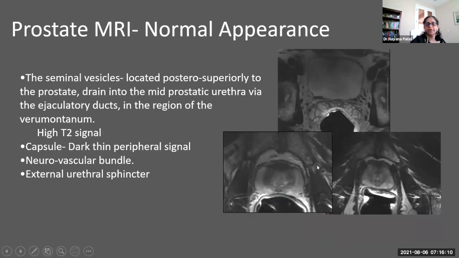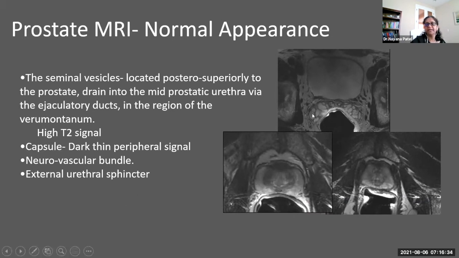There are other important structures and landmarks that we should know while looking at the prostate MRI. The seminal vesicles located posterosuperiorly to the prostate, they drain into the mid-prostatic urethra by ejaculatory ducts in the region of the verumontanum.